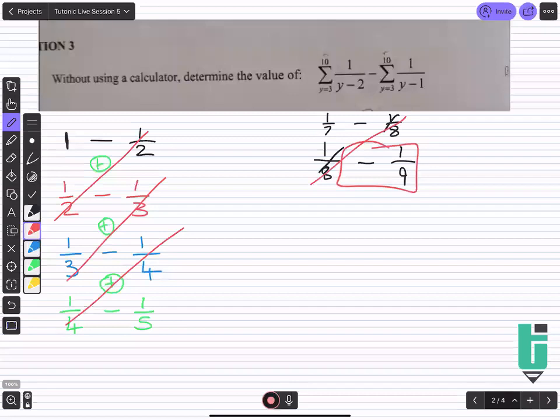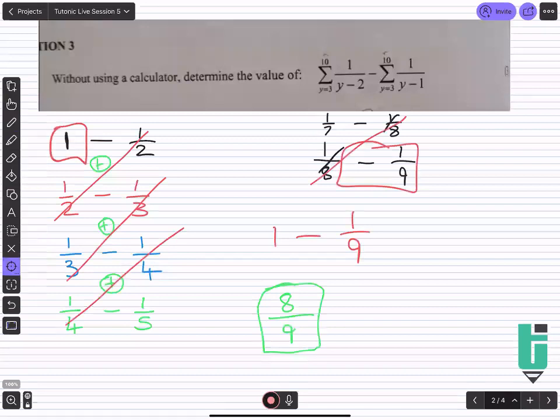So it's 1 minus 1 over 9, which equals 8 over 9.